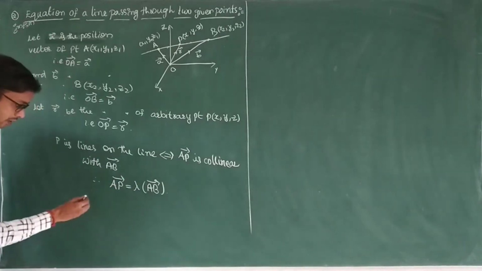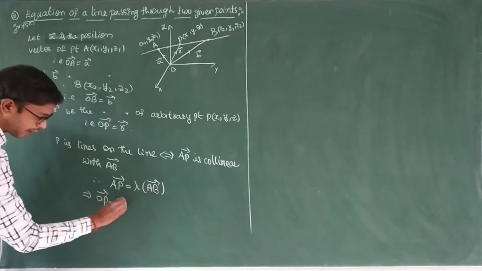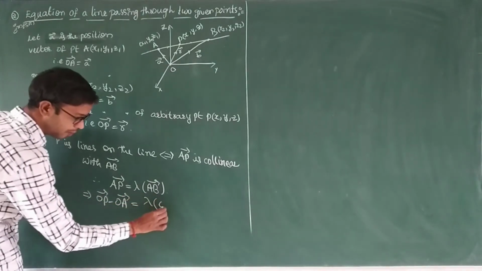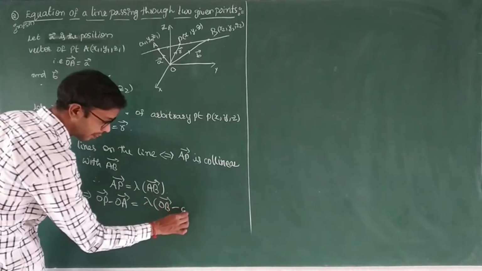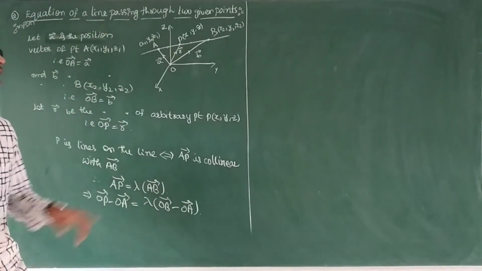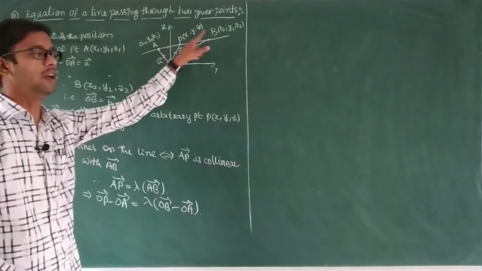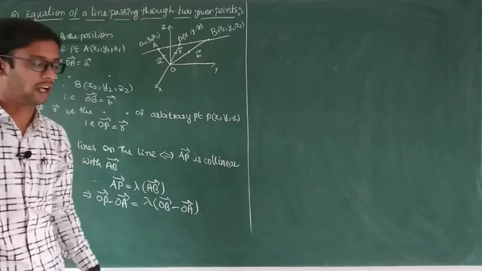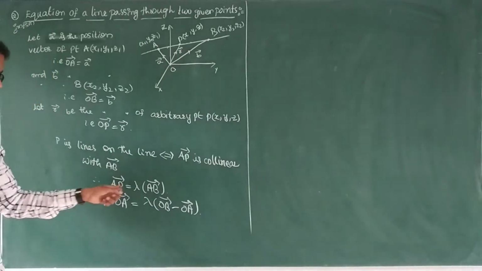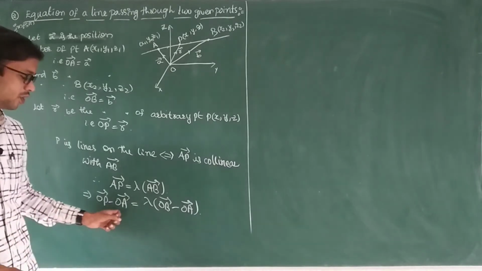So we can write OP bar minus OA bar equals lambda into OB bar minus OA bar. By the triangle law of vectors, in triangle OAP, the terminal point position vector minus the initial point position vector.